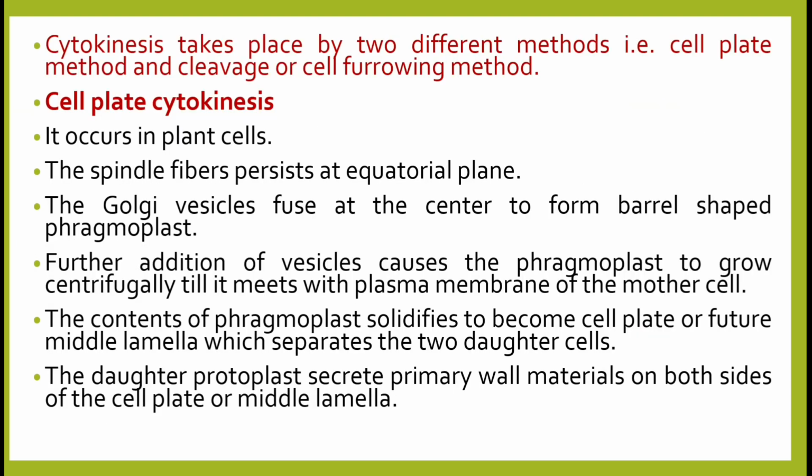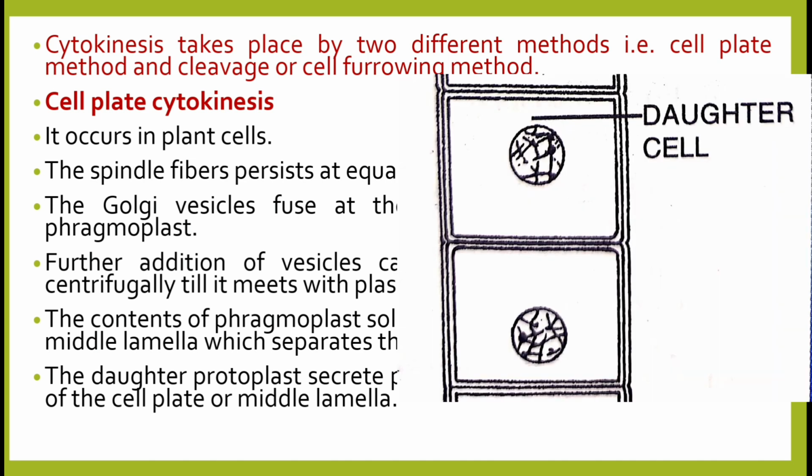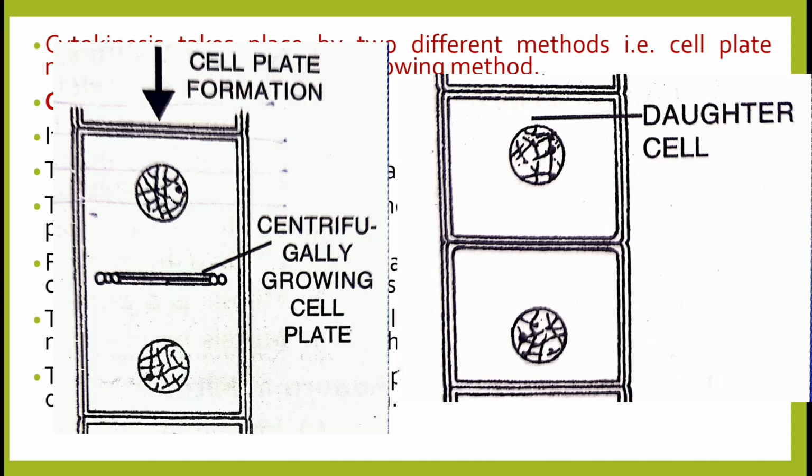In higher plants and animals, there are two different methods of cytokinesis. One is the cell plate method, and one is the cleavage or cell furrowing method. What is the cell plate method? It generally occurs in plant cells, where the spindle fiber persists at the equatorial plane. The Golgi vesicles fuse at the center to form a barrel-shaped phragmoplast.